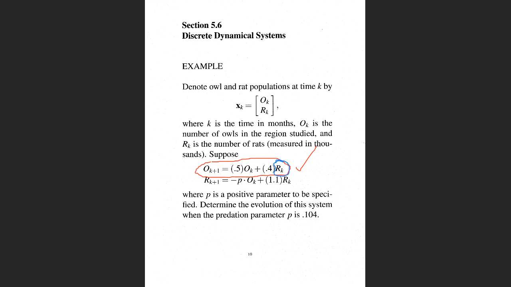This is probably an easier way to think about dissecting these equations. Let's say in the kth month there are no wood rats, no rats alive. What would happen to the population of the owls?